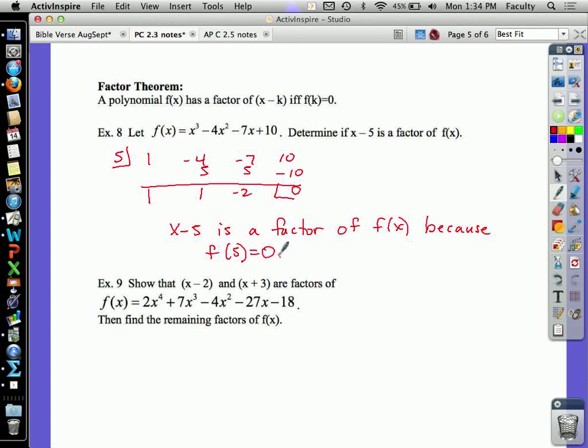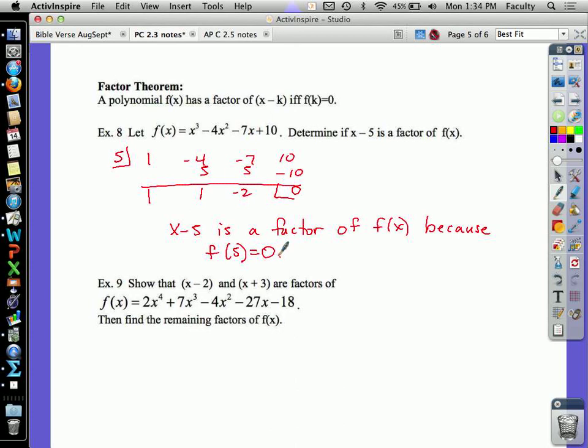And then I don't want you to just say yes or no. I want you to say how you know it. X minus 5 is a factor of f of x because f of 5 equals 0. Getting f of 5 equals 0, you can do it either the way that Stephanie suggested, plugging in that x is 5, or you can do your synthetic division and use the remainder theorem. Okay?